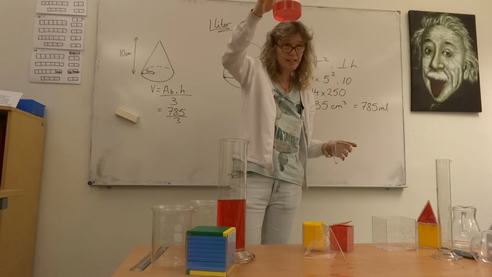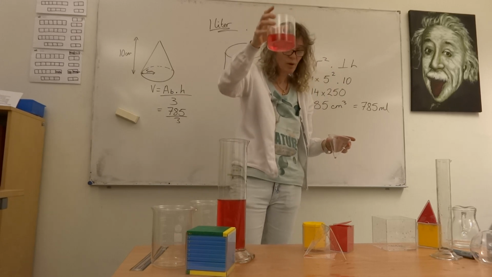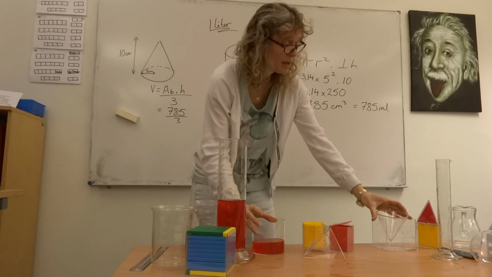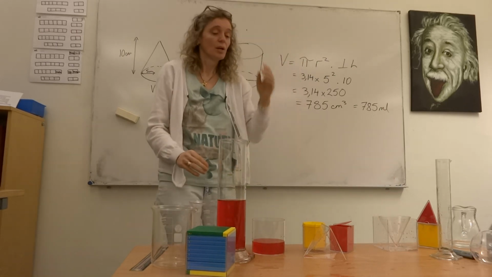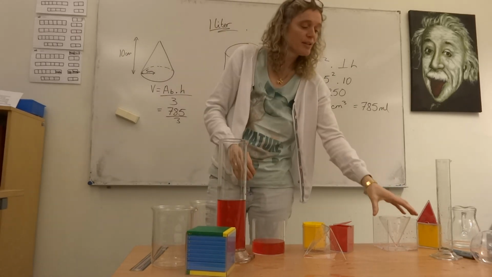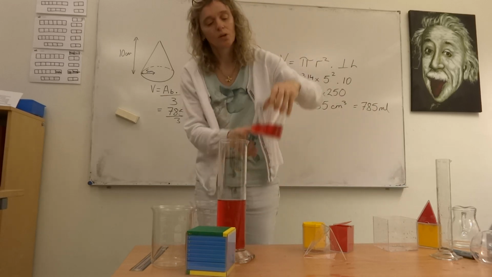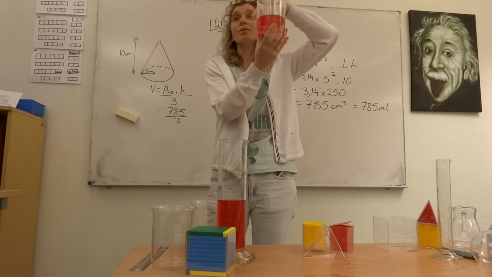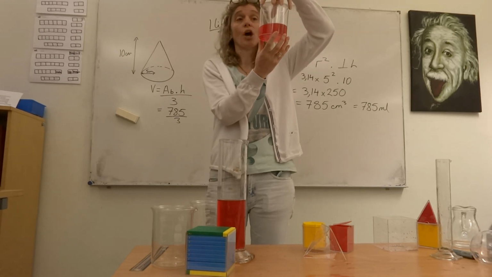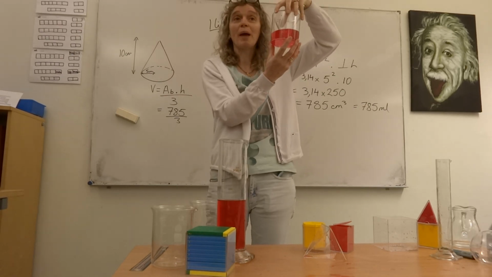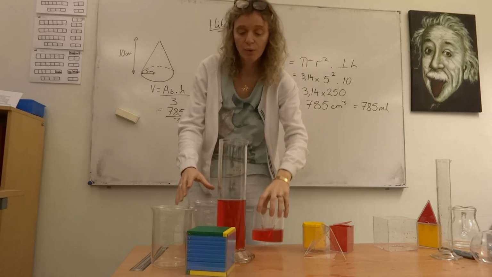Looks about a third of the cylinder, doesn't it? 1/3 is filled by the cone. That means that 2/3, if we were to put this cylinder in here, it means that outside this cone is actually 2/3 of space. We could actually fill that up with water.